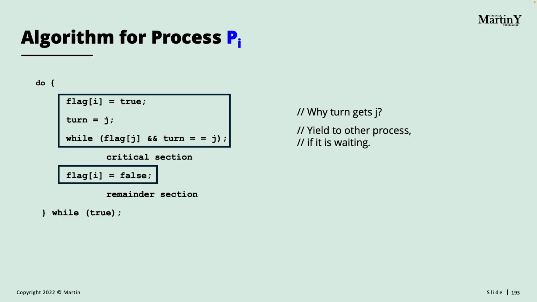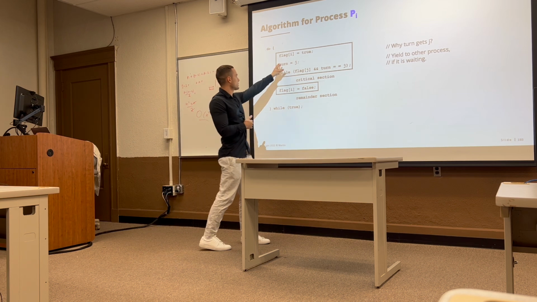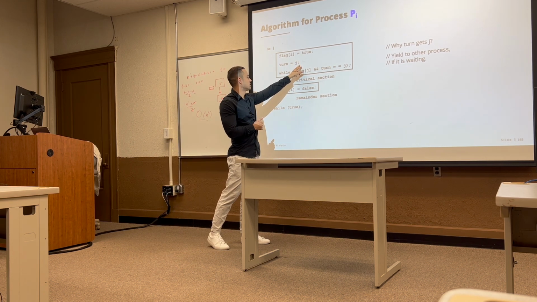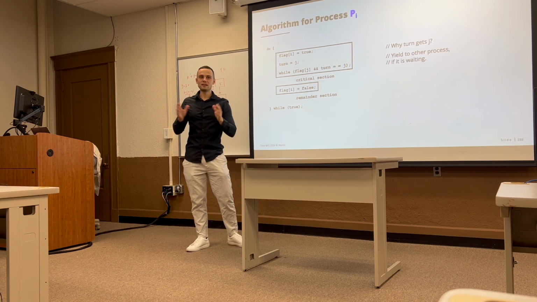Okay, so let's take a few scenarios. Let's say process I wants to enter the critical section and process J didn't start yet. So what's going to happen? We're going to set the flag I to true, and we're going to set the turn to J. But when we go to this while, if J never even started, then the flag J here is going to be false, right?